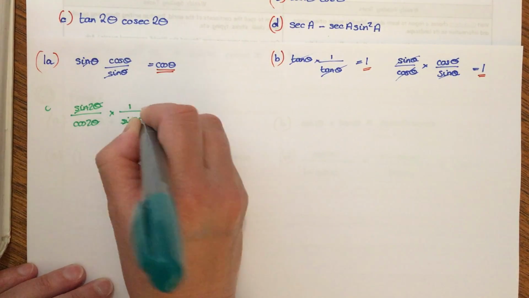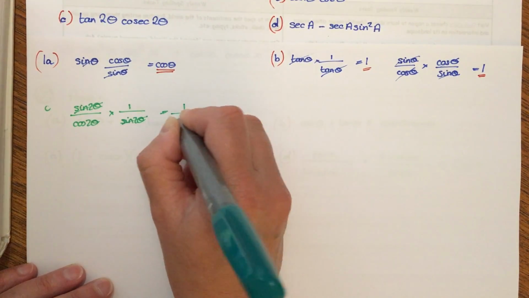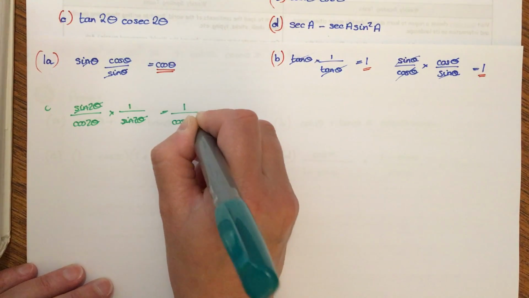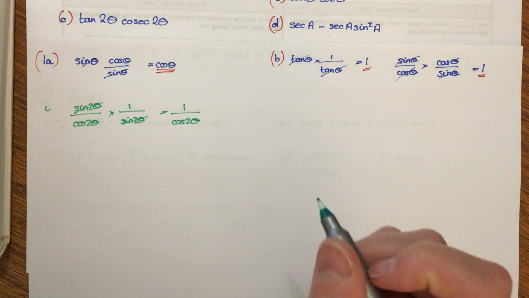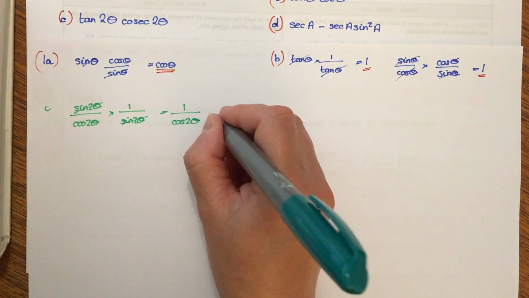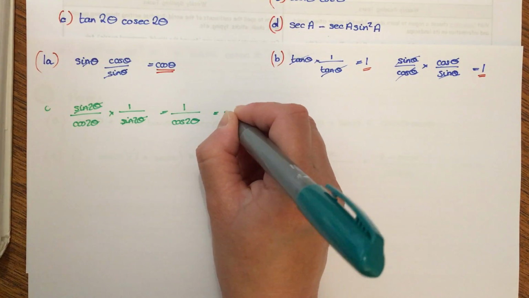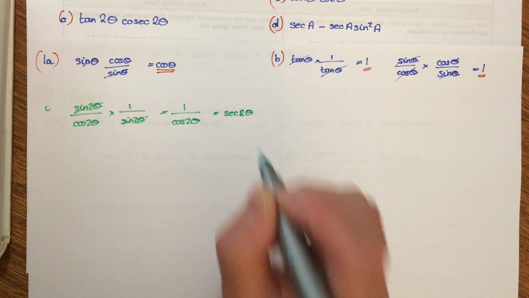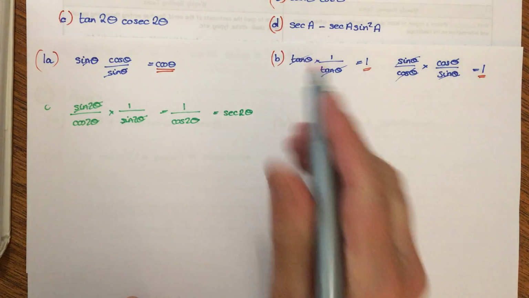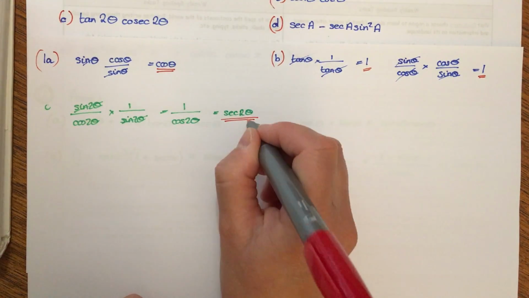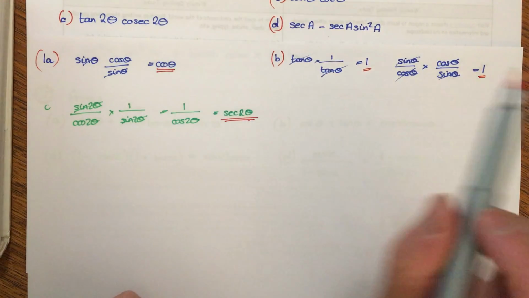And then that will cancel with that and leave you with 1 over cos 2 theta. And we know that 1 over cos 2 theta is the same as sec. So it's sec 2 theta. Okay, and that is simpler than that.